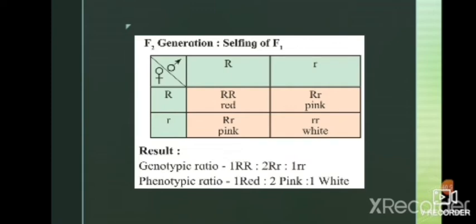The result shows that the genotypic ratio is 1 as to 2 as to 1: 1 capital R red flower, as to 2 capital R small r pink flower, as to 1 white flower, small r small r. This is the genotypic ratio, 1 as to 2 as to 1. Phenotypic ratio, 1 red as to 2 pink as to 1 white. Here the phenotypic ratio is also 1 as to 2 as to 1.